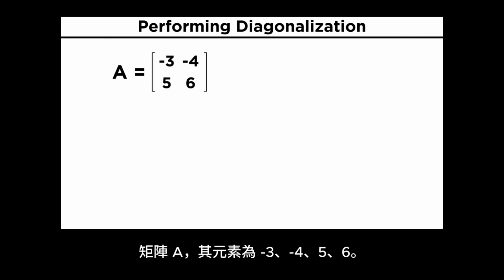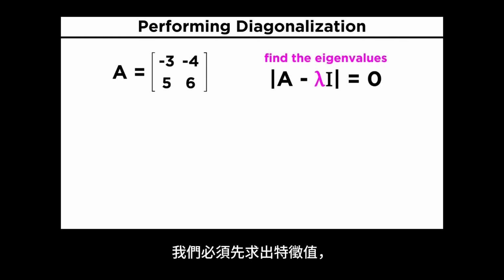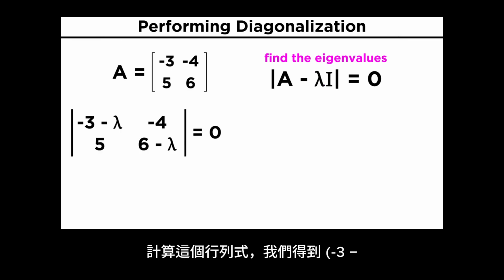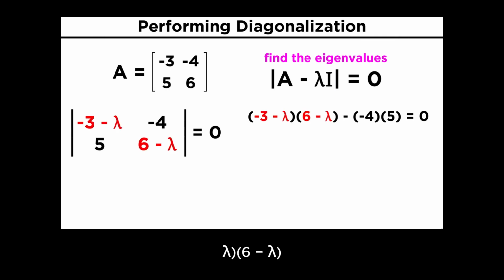Consider the matrix A with entries -3, -4, 5, 6. We must first find the eigenvalues, which means we must solve for the values of lambda that satisfy this expression, where the determinant of A minus lambda I equals 0. Taking this determinant, we get (-3 minus lambda) times (6 minus lambda) minus (-4) times 5 equals 0.